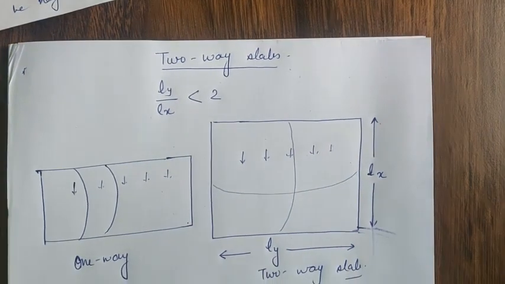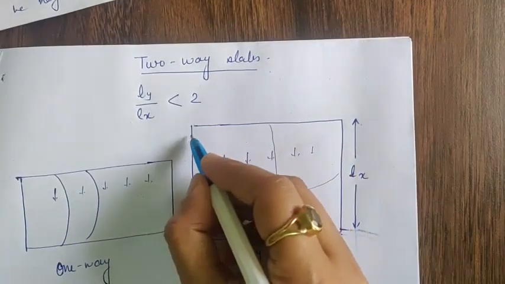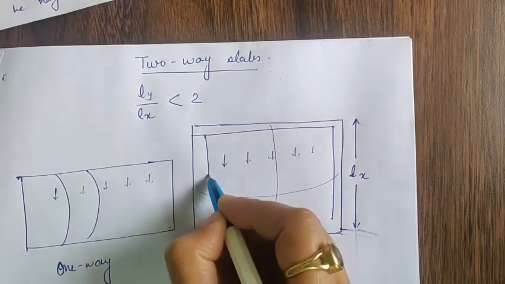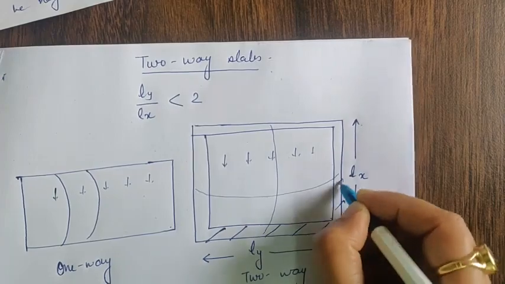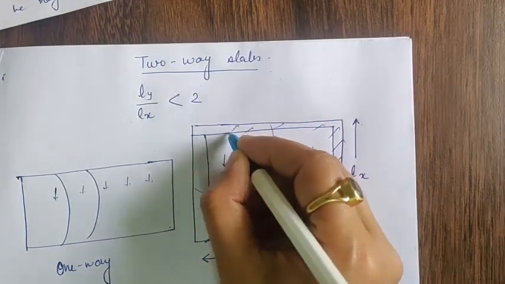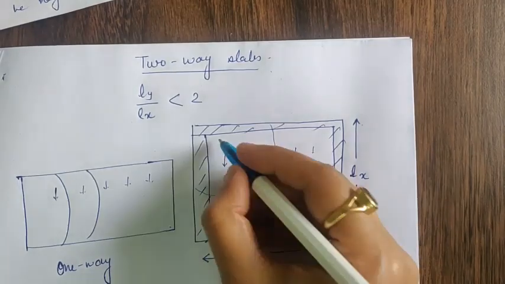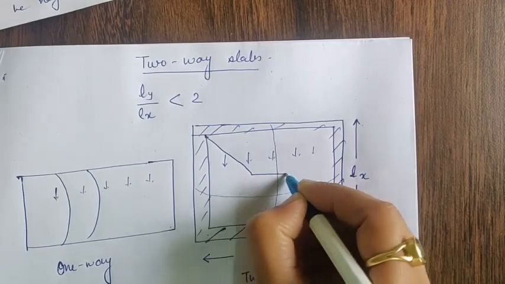Okay. So let us say to bear the load of this slab, we provide the beams at the outer edges. So let us say the beams are provided here. And then the distribution of the load will be like a trapezoidal distribution.